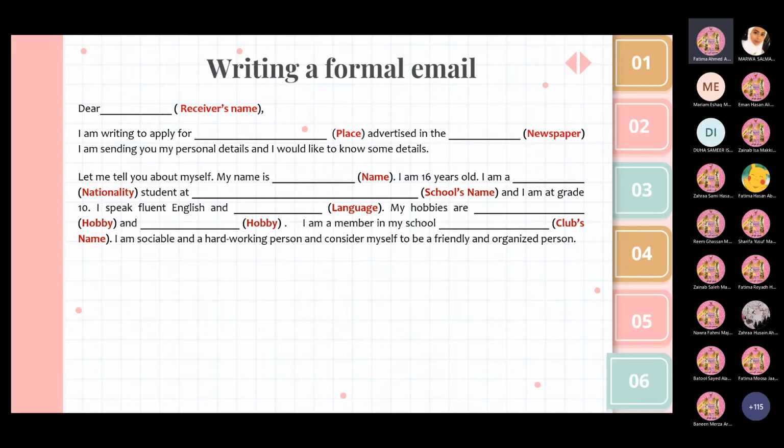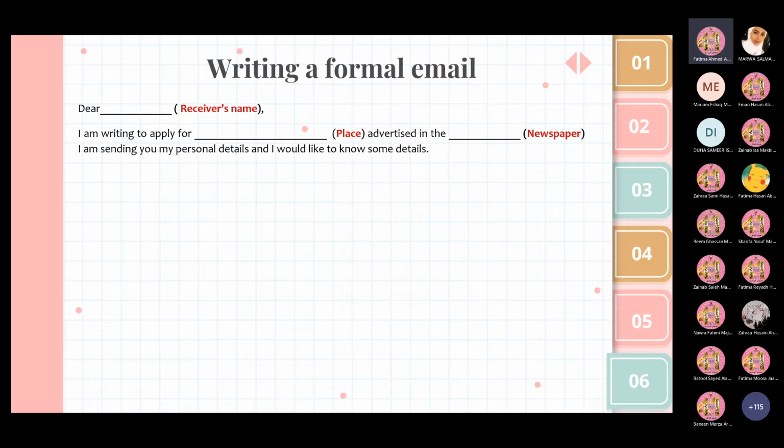Okay. And here we are after that, starting with what's here in the slide, with "Dear", and it should be followed by the name of the person receiving the email and the comma for sure. Then "I am writing to apply for", which is a part of the fixed sentences that you won't need to change.